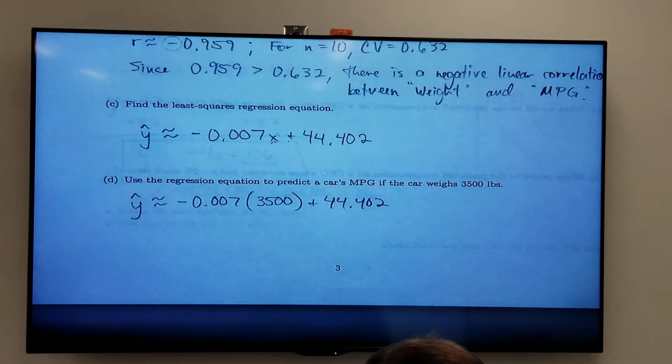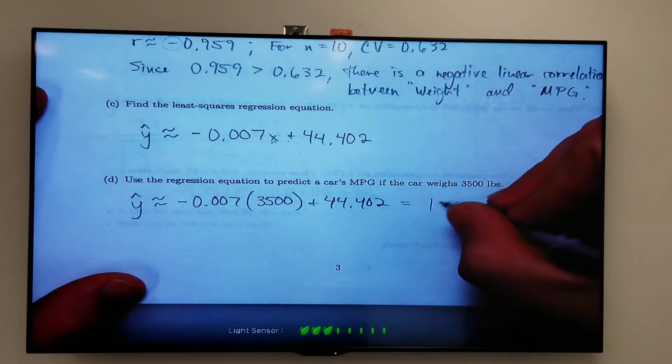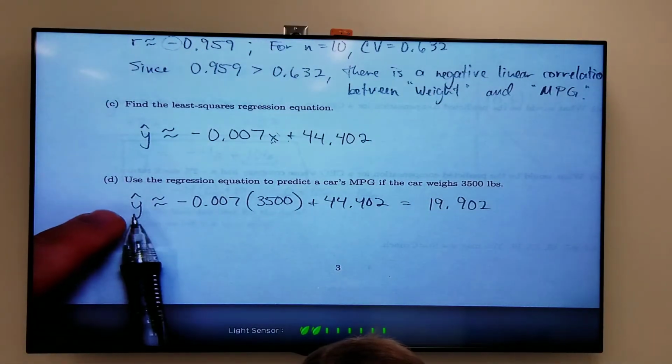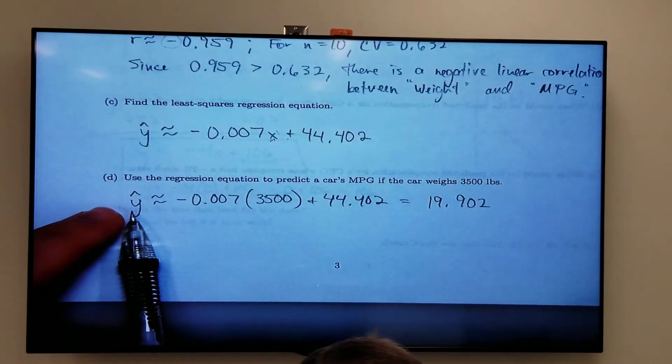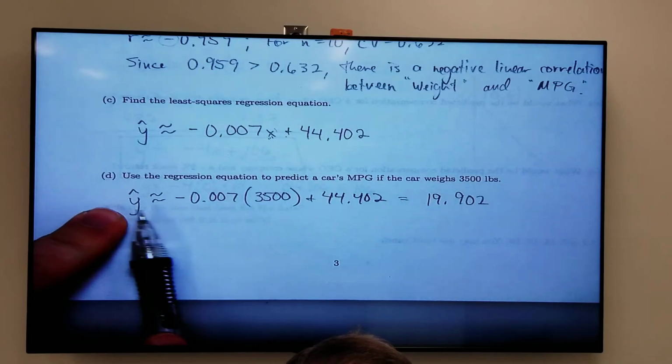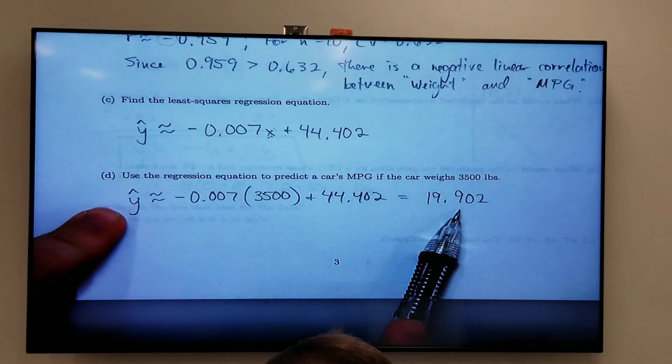So I'm punching that into my calculator. 44.402, and I get 19.902. So remember, y represents the miles per gallon, right? So if your car weighs 3,500 pounds, then we would predict that it would get 19.9 miles per gallon.